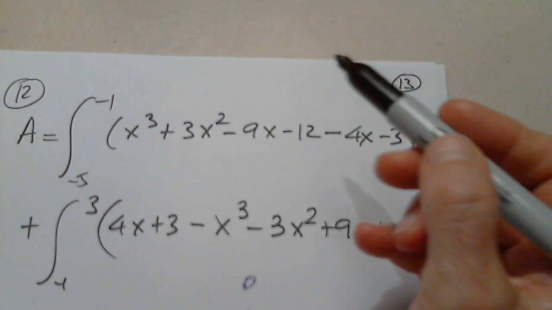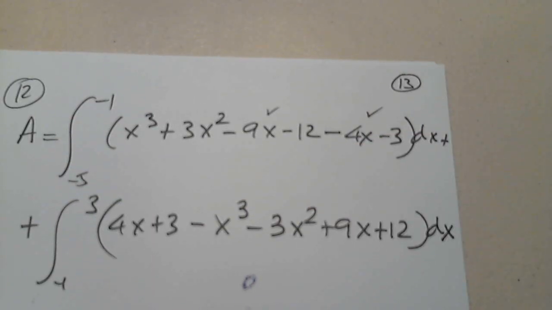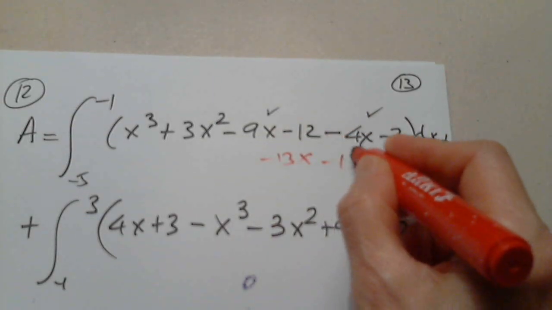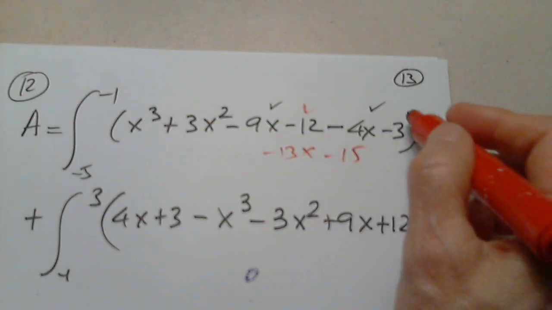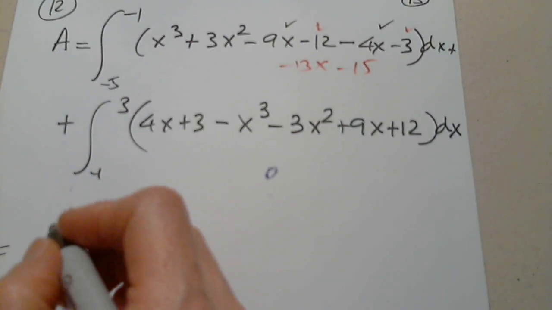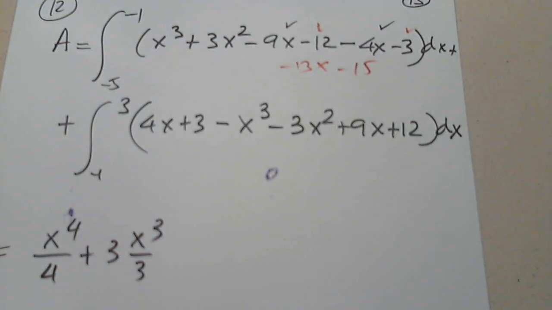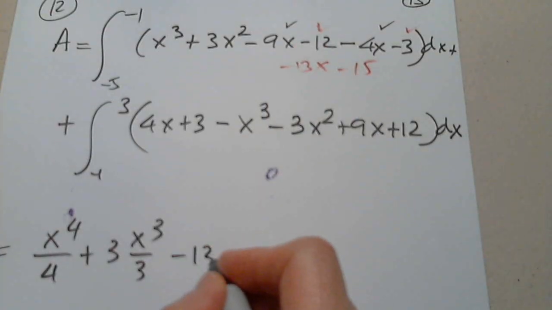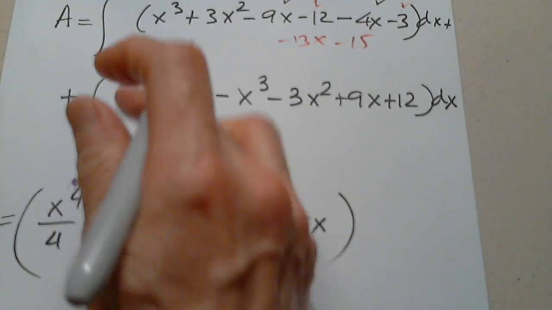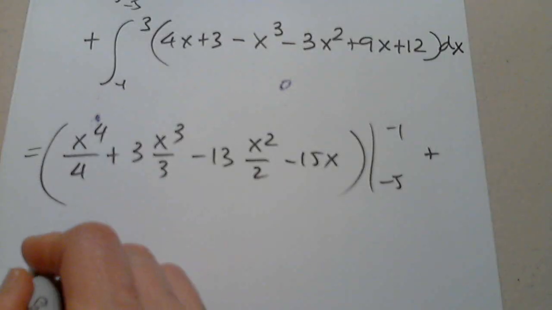I can simplify a little bit. So these two become -13x, -13x, and -15. That's the most I can do. Okay, so then we have x to the fourth over 4 plus 3x to the third over 3 minus 13x squared over 2 and minus 15x from -5 to -1, plus.